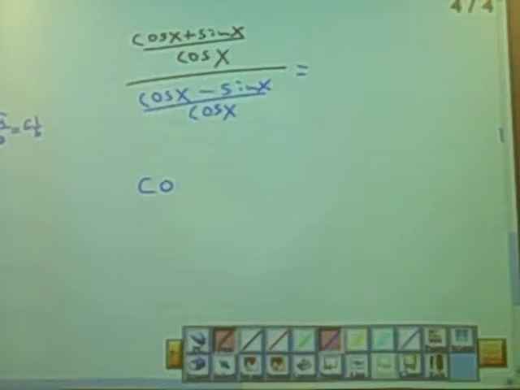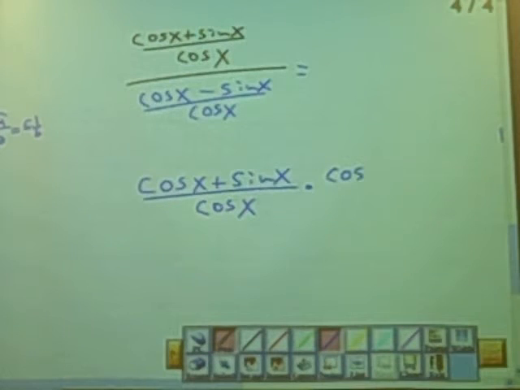So we've got cosine x plus sine x over cosine x times, and now we're taking the denominator. What was cosine in the denominator is now cosine in the numerator, and what was cosine x minus sine x in the numerator is now cosine x minus sine x in the denominator.